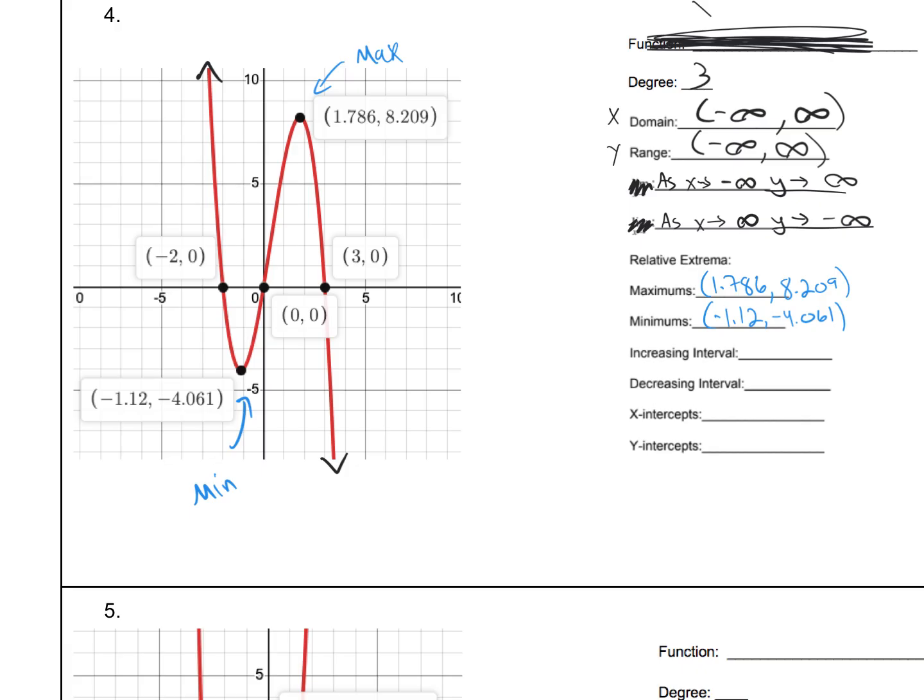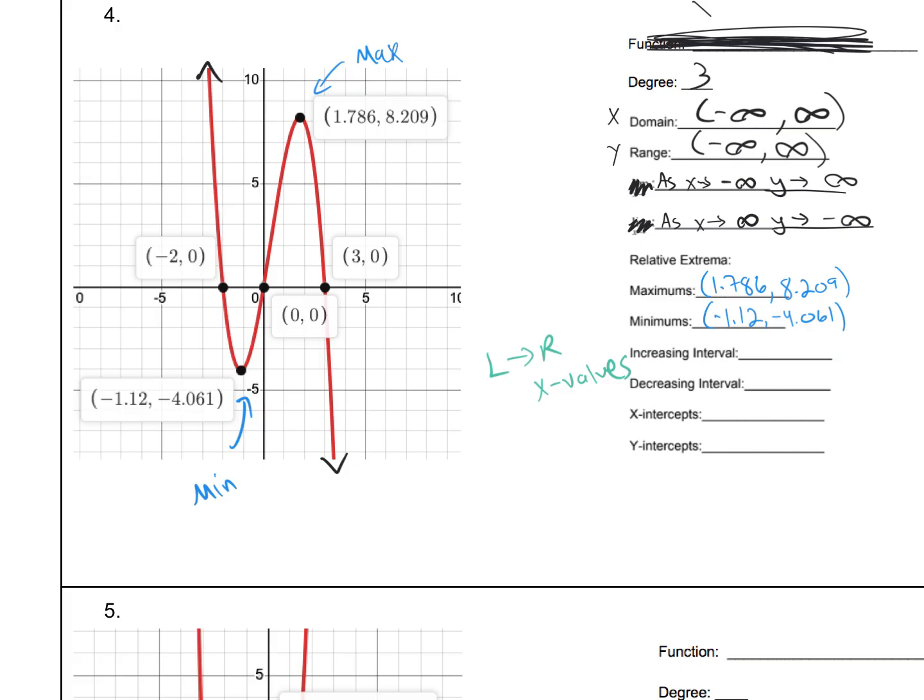Next section, we're talking about our intervals again, increasing and decreasing intervals. These, once again, are always looked at from left to right. Another big thing we've been continuing to talk about is that for our increasing and decreasing intervals, we're looking for x values. So x values where the graph is increasing, and an interval of x values where the graph would be decreasing from left to right.